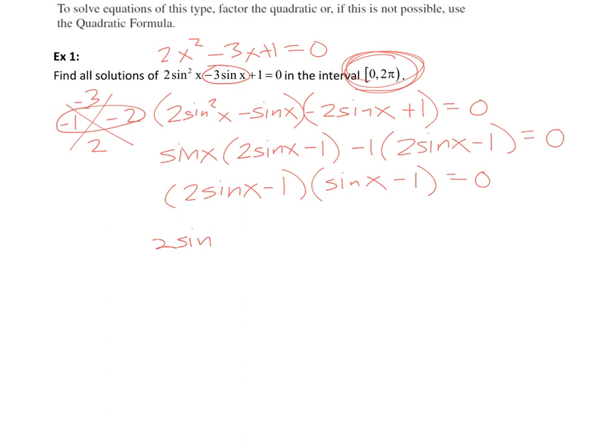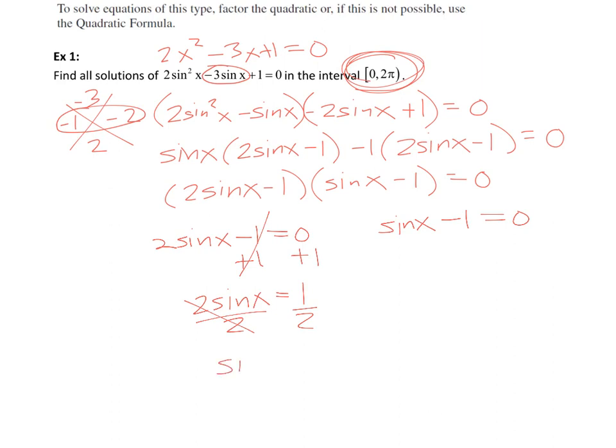I have 2 sine of x minus 1 equals 0, and I have sine of x minus 1 equals 0. I add 1, and I have 2 sine of x is equal to 1. So I have sine of x is equal to 1/2.